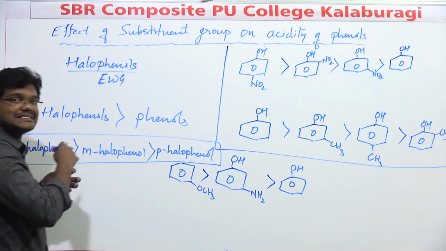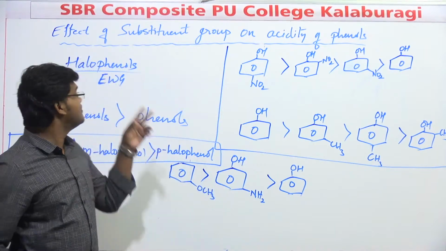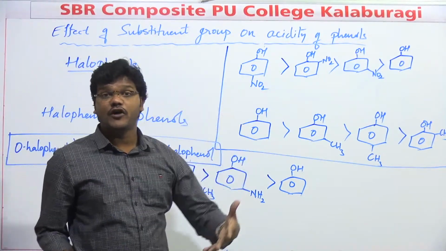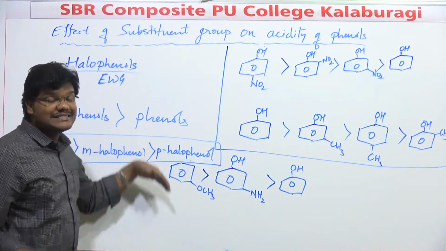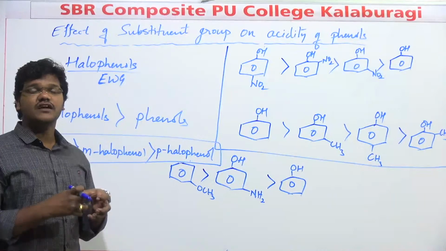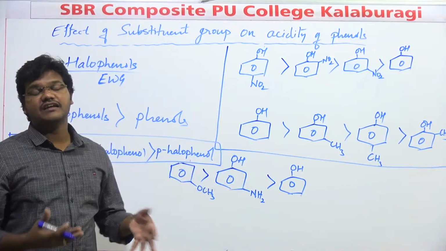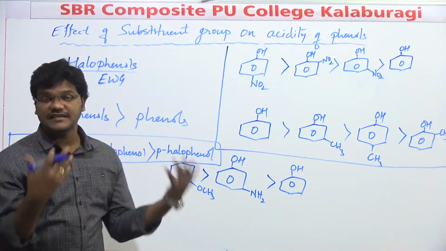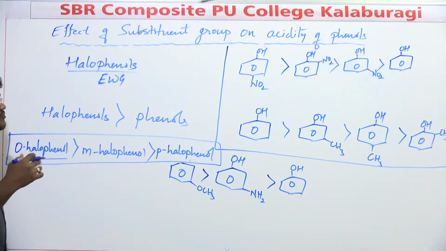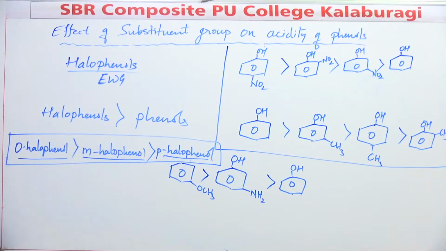I know as distance increases, the negative inductive effect decreases. They will show resonance effect too, but negative inductive effect dominates. As distance increases from the reactive center, the effect goes on decreasing. So electron withdrawing capacity stabilizes the phenoxide, and increases acidic nature. That is why ortho-substituted halophenols are more acidic than meta-substituted, than para-substituted.